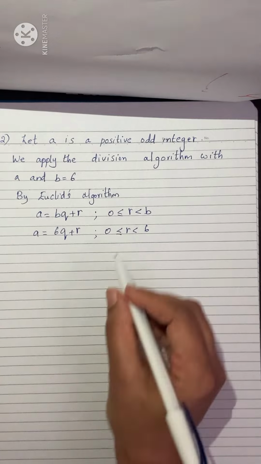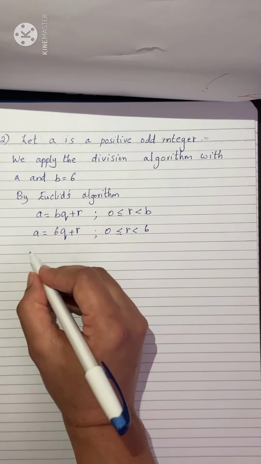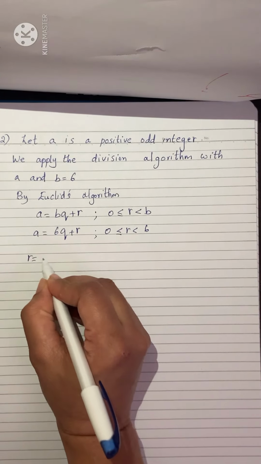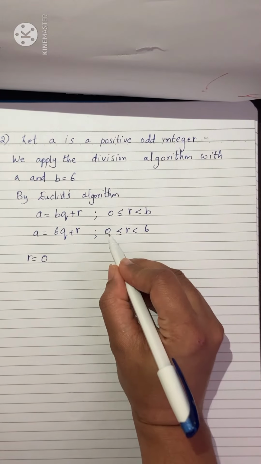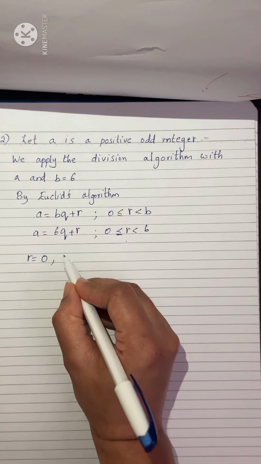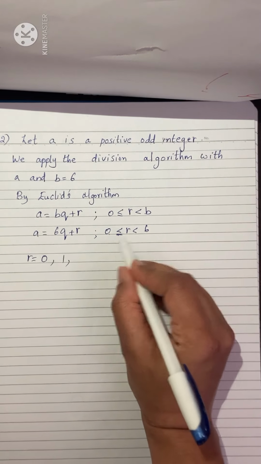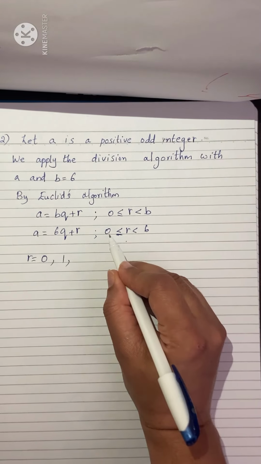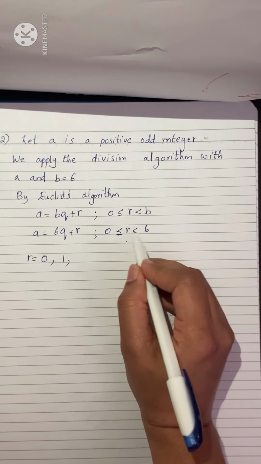Now we can write the possible values of r. So r equals 0, because r is greater than or equal to 0. R is 0, r is 1. So r's value will come between 0 and 5, including 0: 0, 1, 2, 3, 4 and 5.